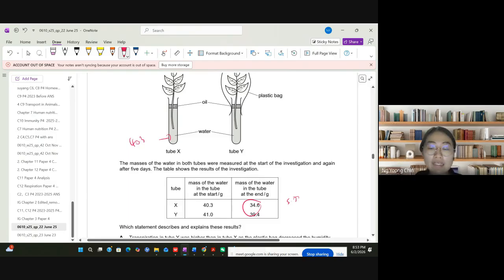And how about Y? Y is 40 minus 39.4, which is 1.6.